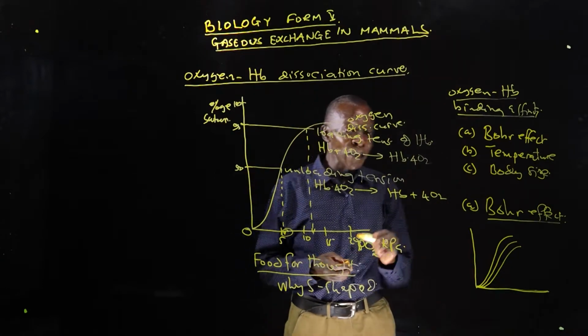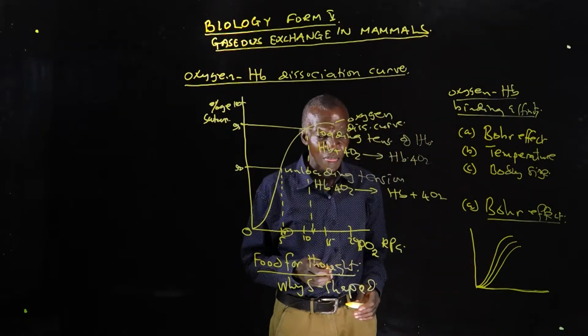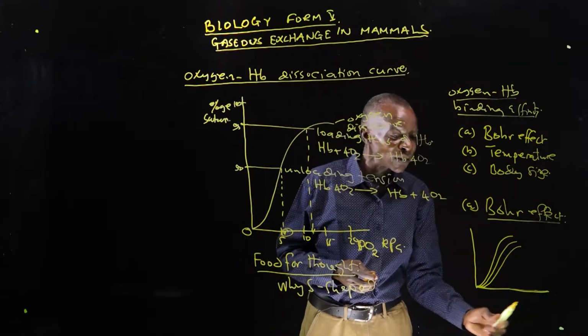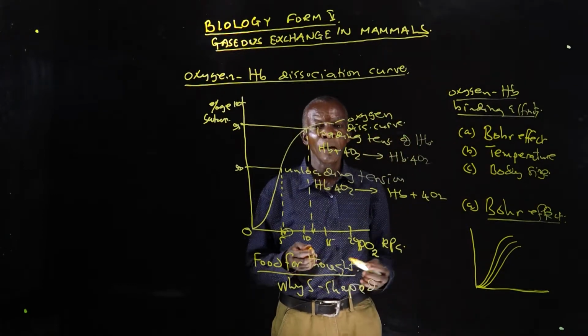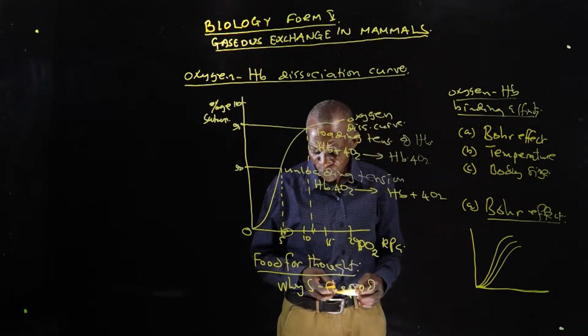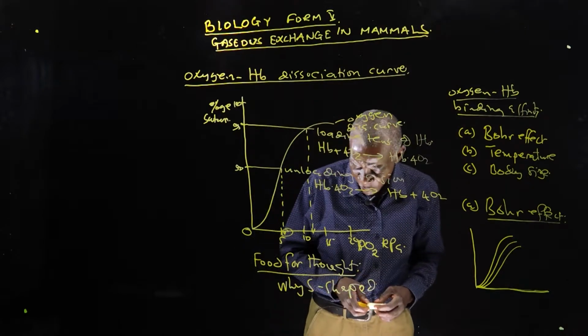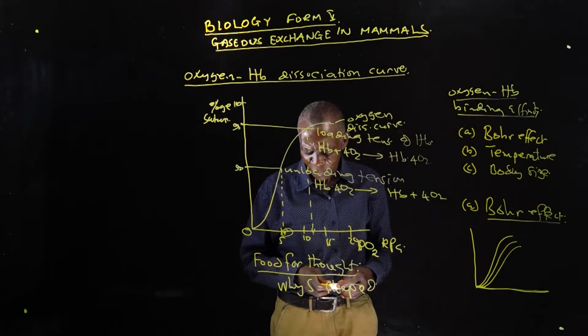Now this movement of the oxygen dissociation curve towards this particular side is what we call a Bohr shift.